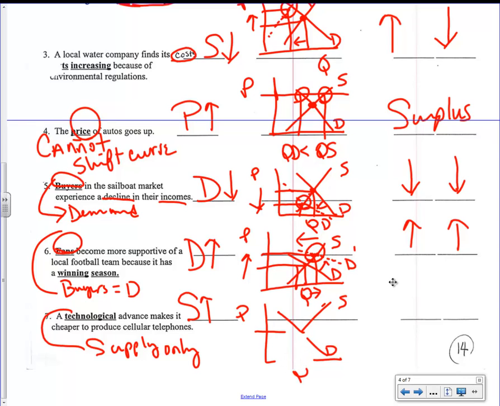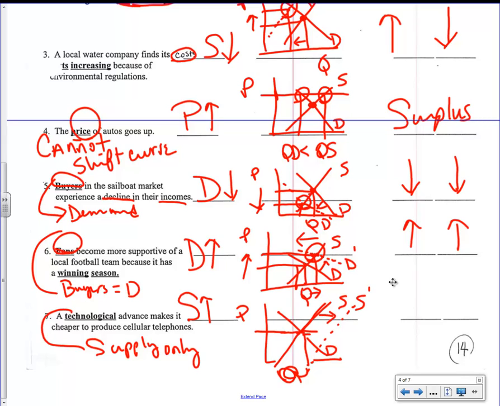Here was our original. And here's our original, see if I can get it over there, we go, quantity. So we're going to take this supply curve and we're going to shift it to the right because we're increasing it.